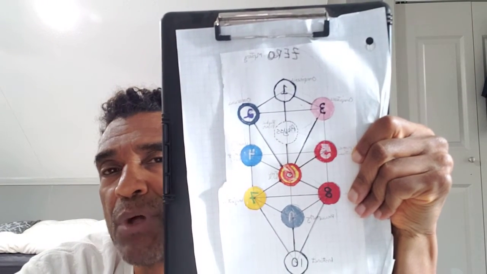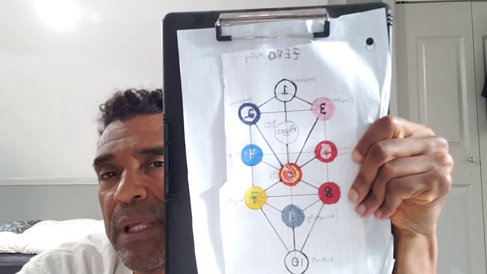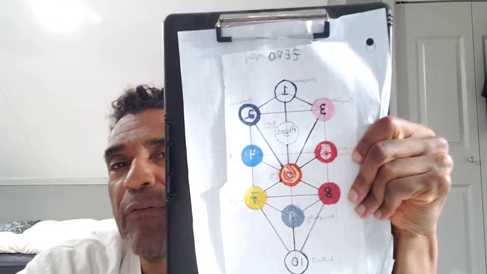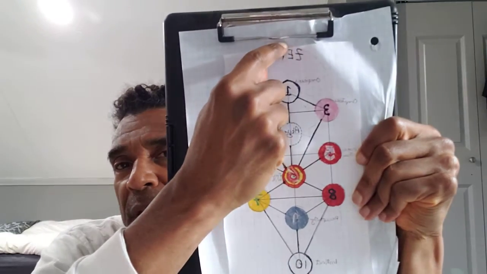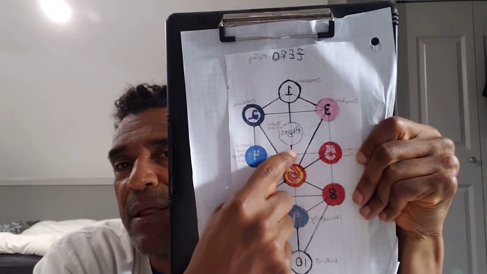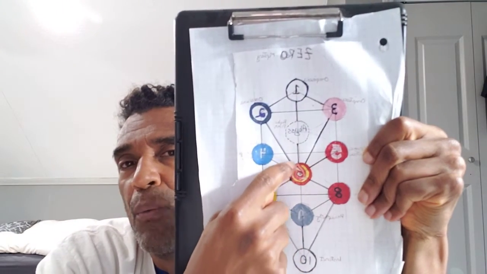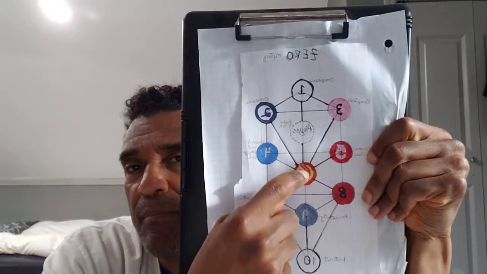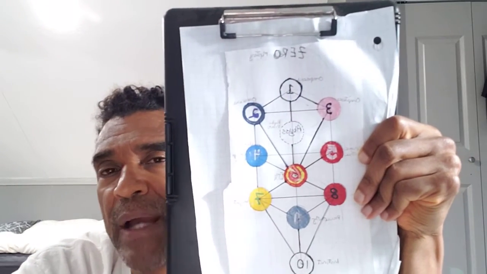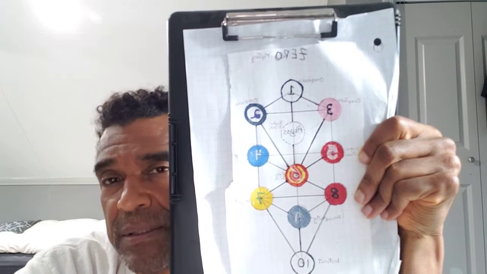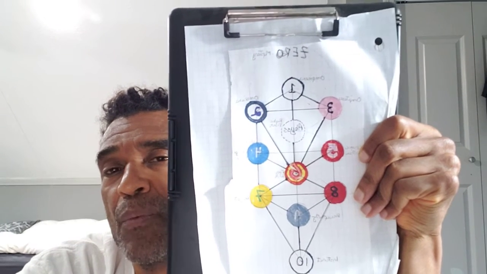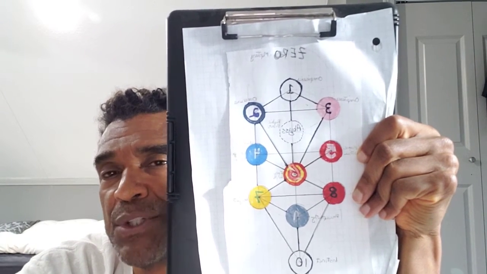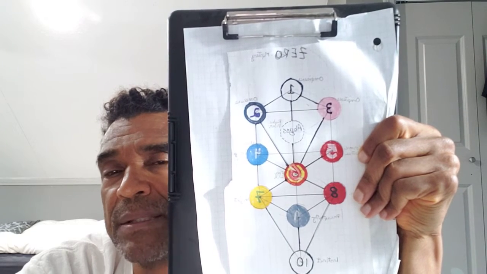Now, when we're talking about number 140, what fractal are we talking about? We're talking about the 6th fractal within the 0 sphere. If you recall, the 6th fractal is our free will faculty. This is really our ability to pay attention and our ability to make decisions.